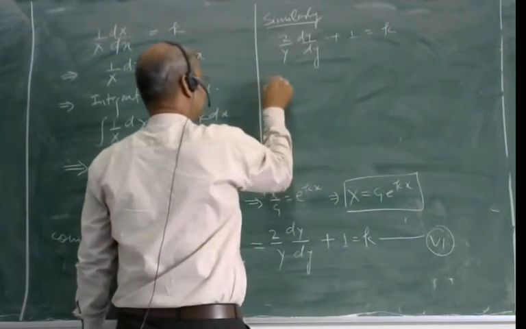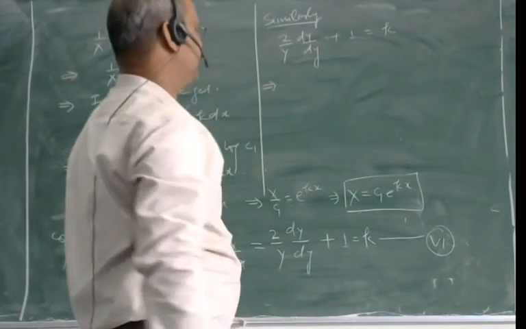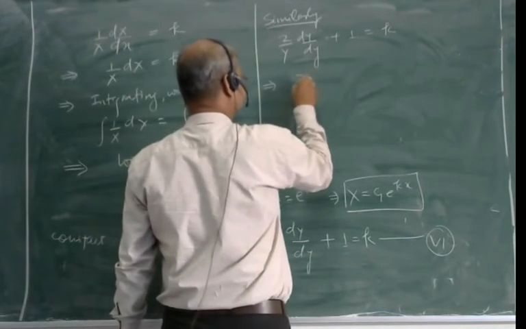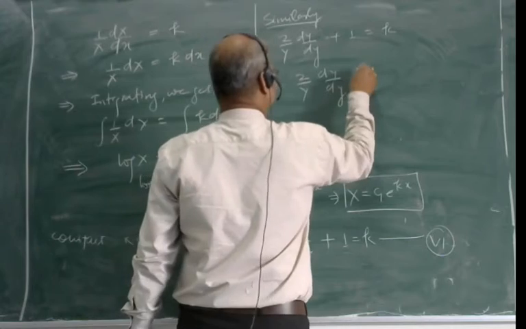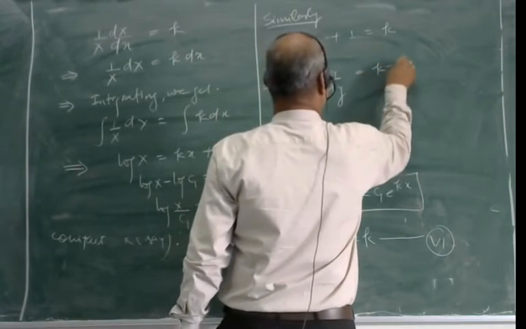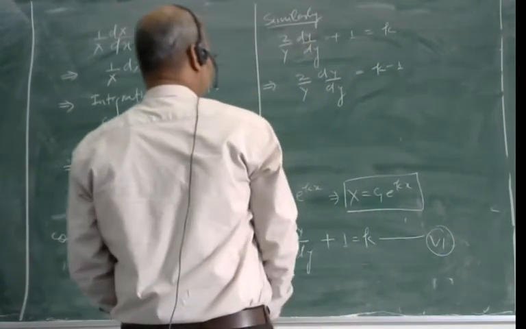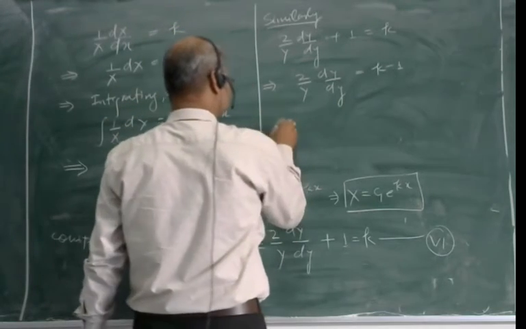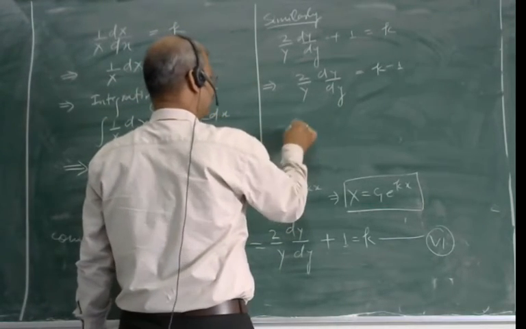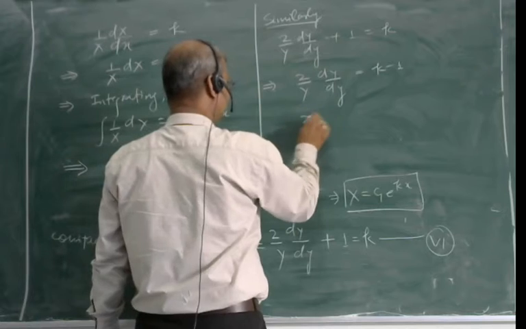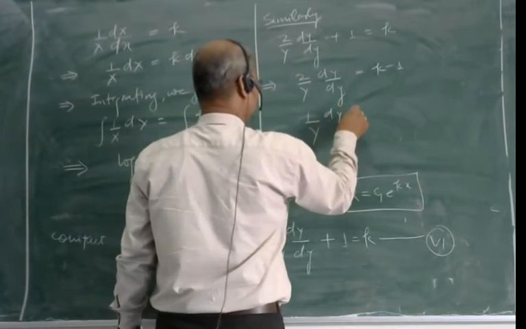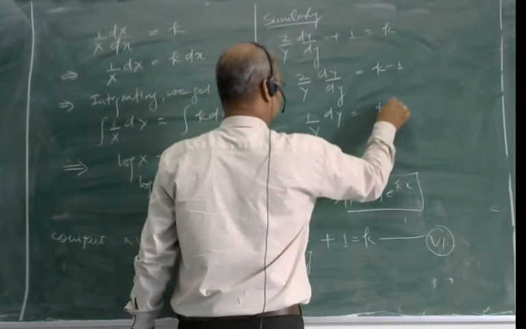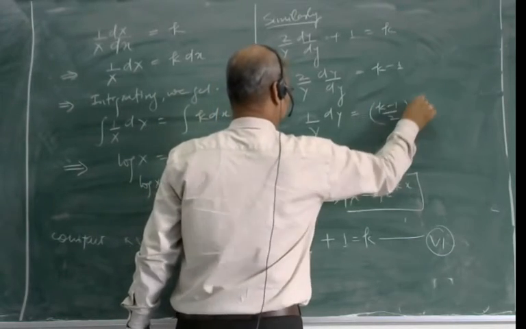This implies that we can write here 2 dY/Y dy is equal to k minus 1. It means that by rearranging the terms, we will obtain (k minus 1)/2 dy.